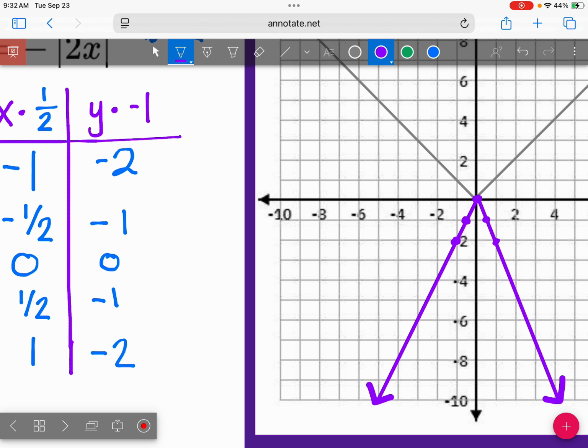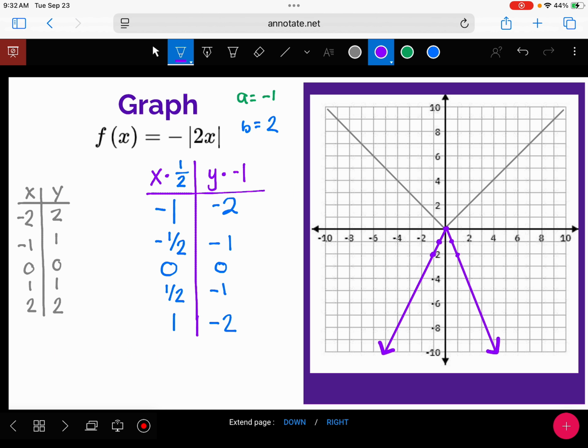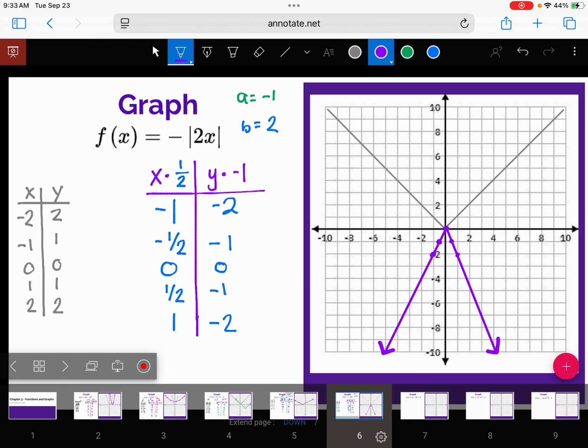So when our B is littler, our points get farther apart, and when B is bigger, it gets squished in. Questions on this one?